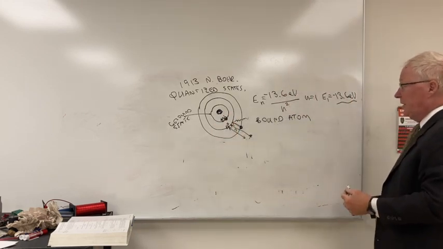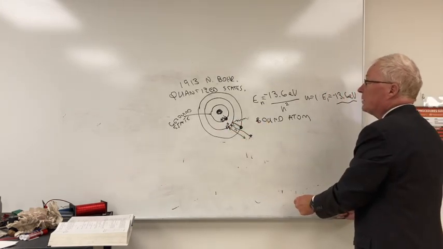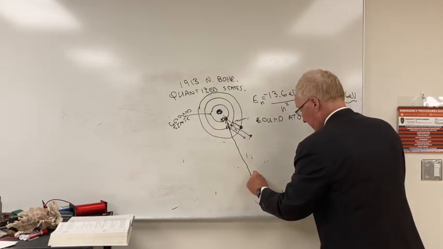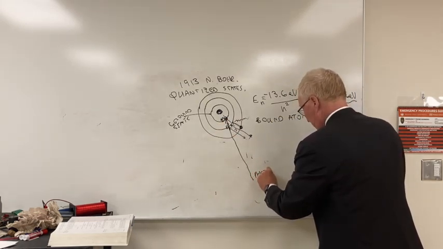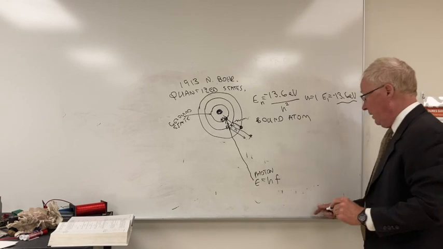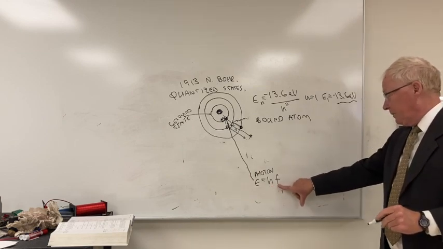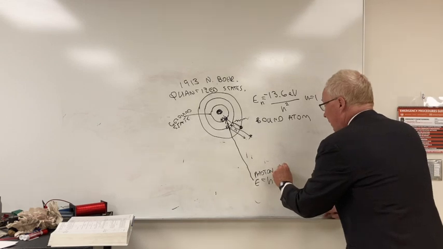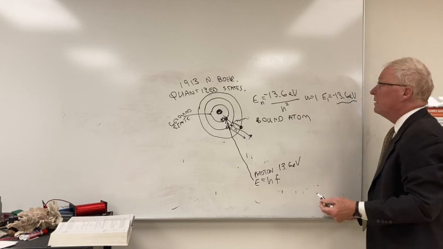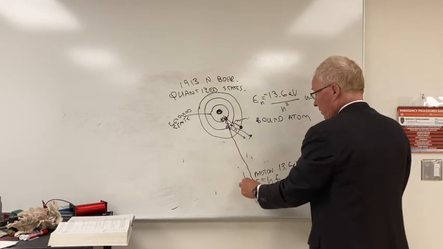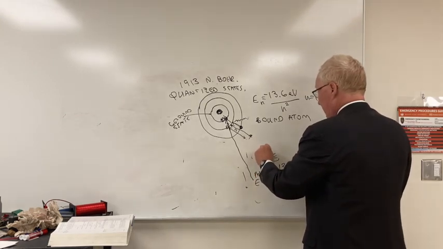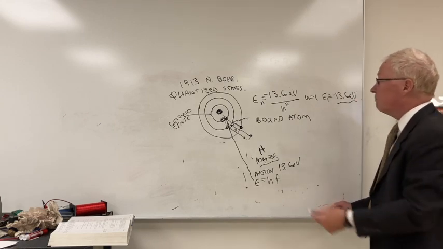To knock that electron all the way out, I hit it with a photon of energy h times f, where h is Planck's constant and f is the frequency, of 13.6 electron volts. You can figure this out in joules. It will knock that electron all out and ionize it, and again, this is only for hydrogen.